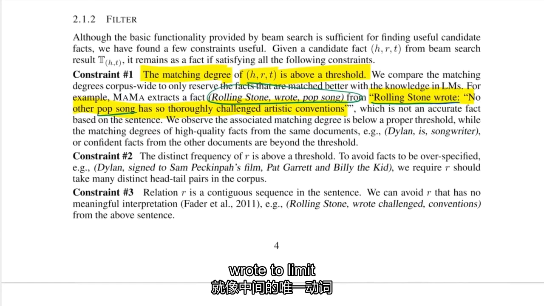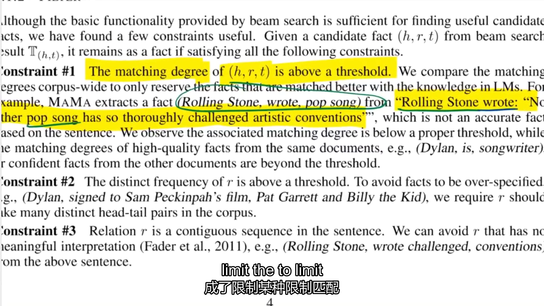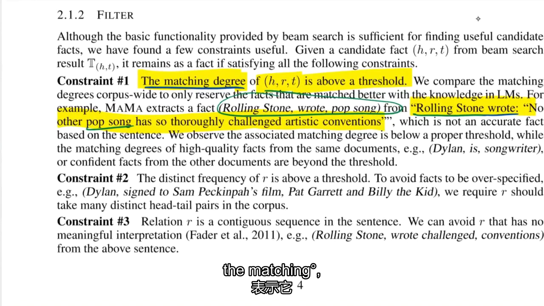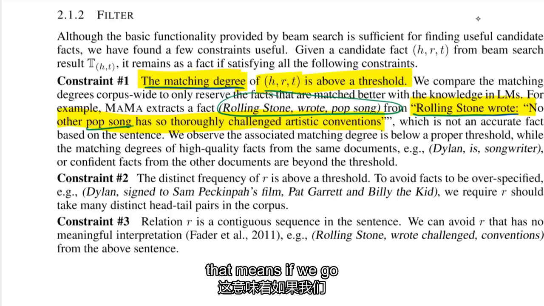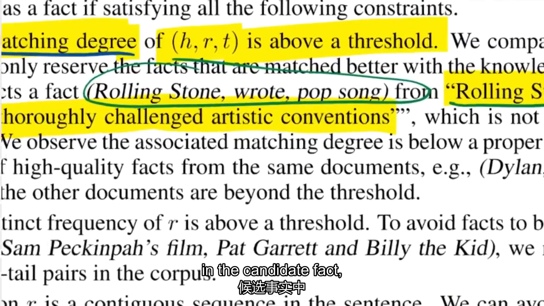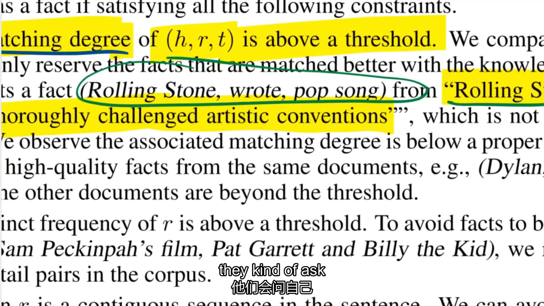So to limit the matching degree, to say it must be at minimum some number, makes a lot of sense, because if the matching degree is high, that means, if we go by this attention matrix, that these words in the candidate fact follow from each other.